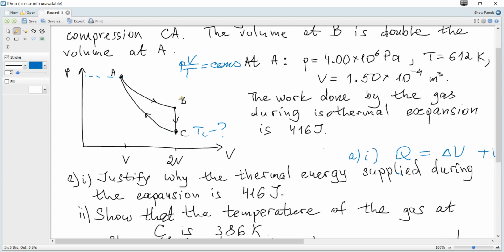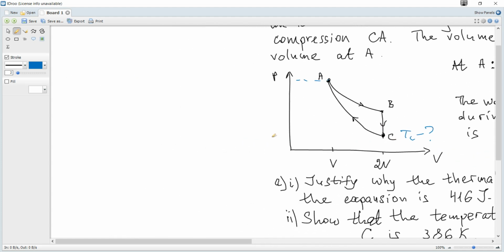But we can consider another process, AC, and it's an adiabatic process. For this process, the formula is given in the data booklet, and it says that PV to the power of 5/3 is constant.